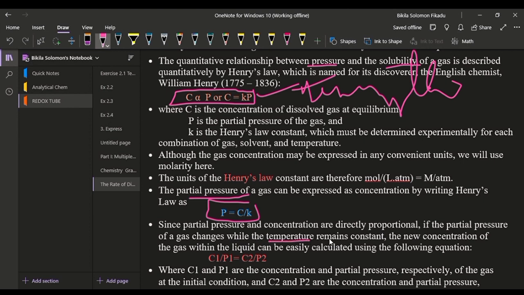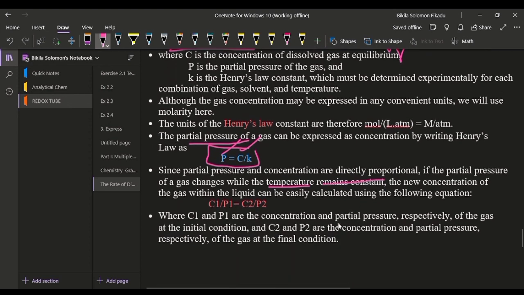Remains constant at a given temperature. Yeroo partial pressure fi concentration gain yookaan P isheen kunii fi concentration kun directly proportional yeroo ta'an partial pressure of gaasiin keenya maal ta'a jechuudha yookaan temperature of partial pressure gain constant ta'a jechuudha.